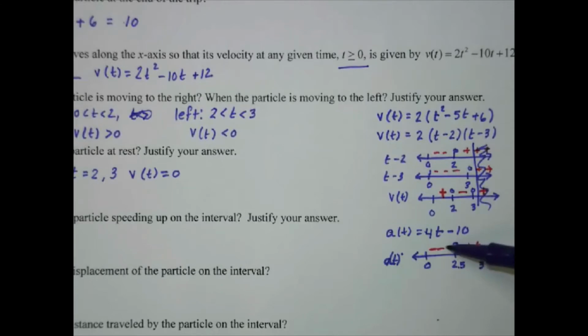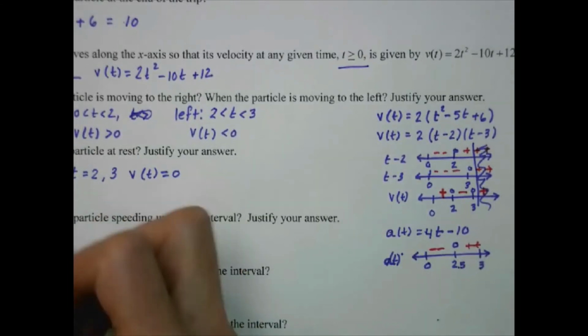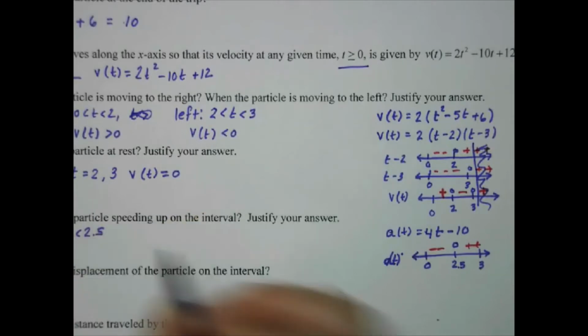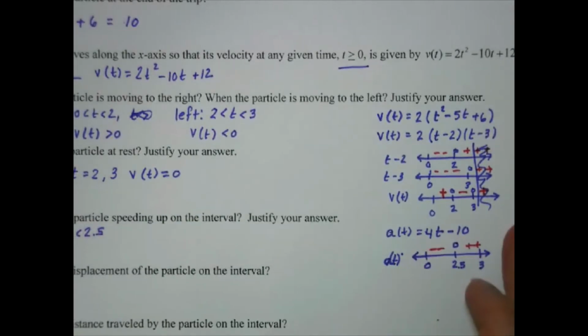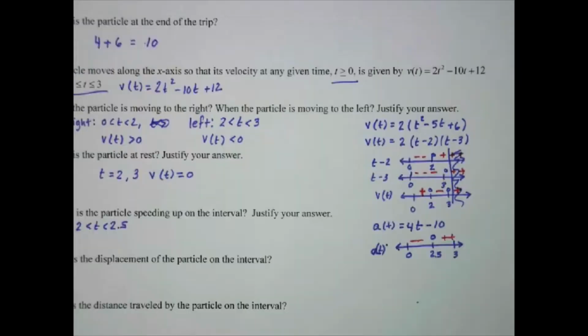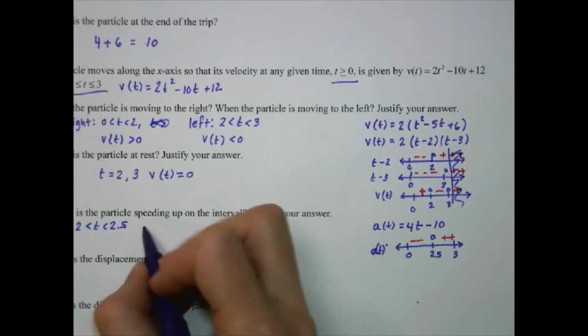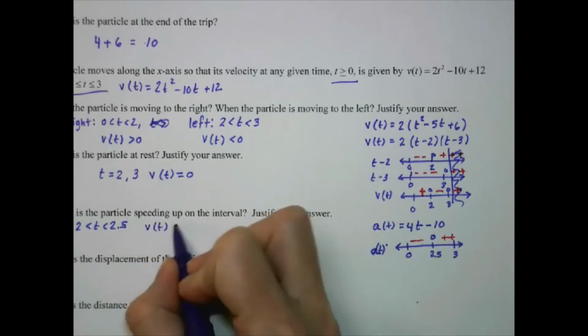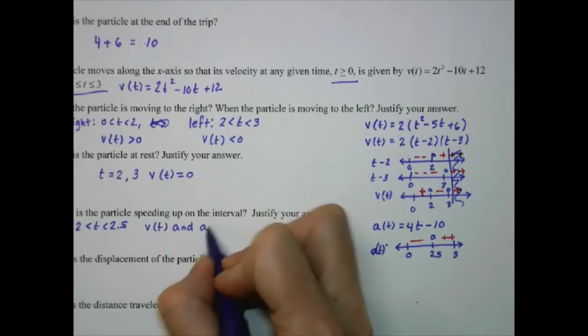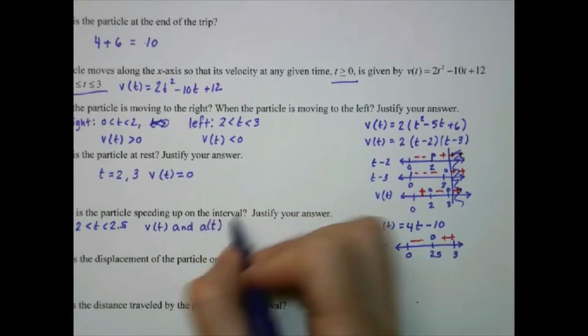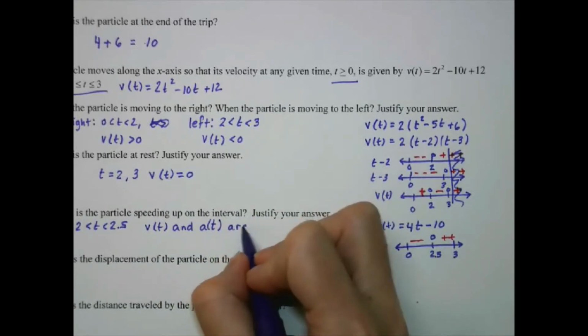From 2 to 2.5, they're going to both be negative. Which means it's going to be speeding up there. After 2.5, this is positive to 3, the velocity is negative. So this is the only occasion, and our justification is that v of t and a of t are both negative.